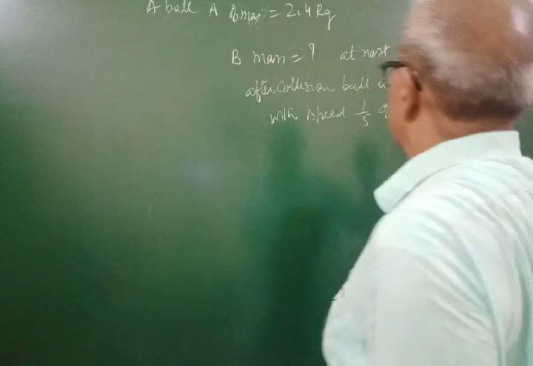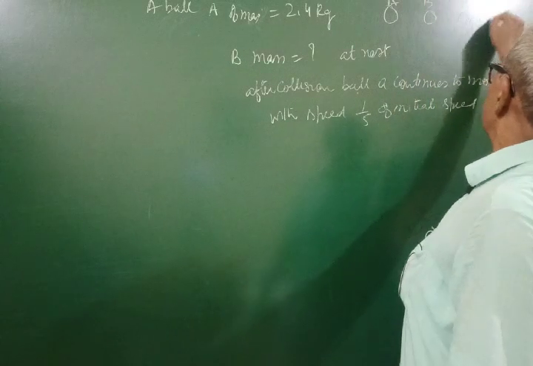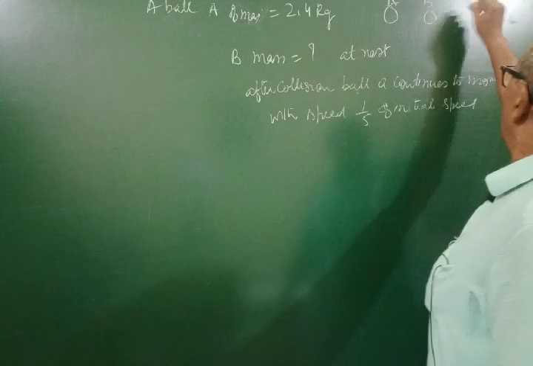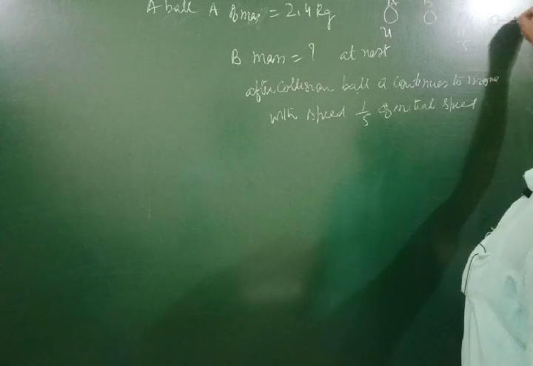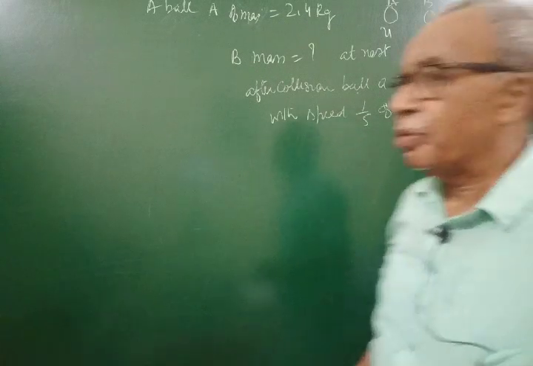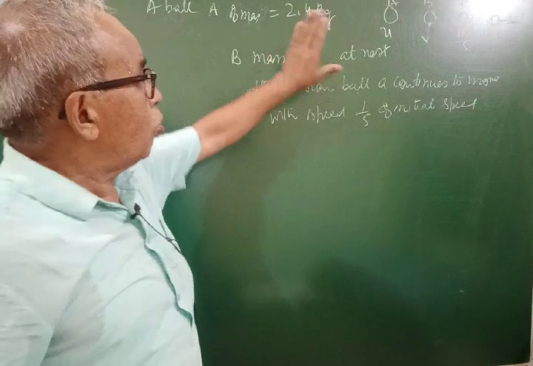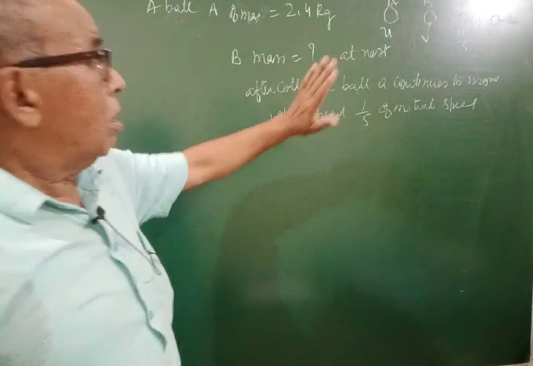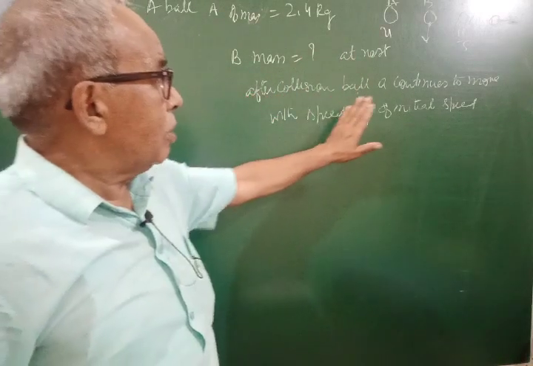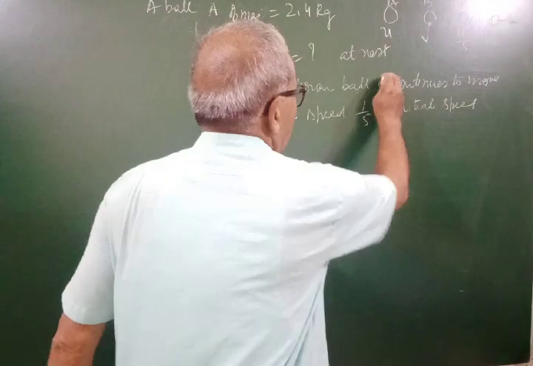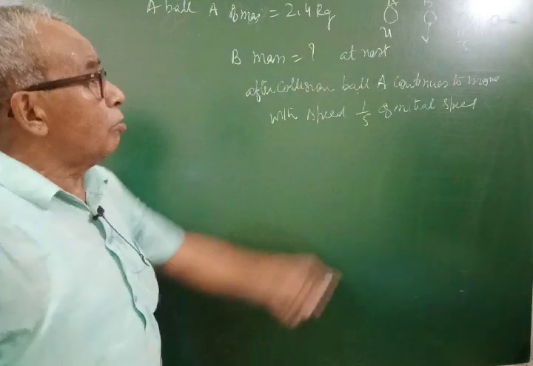Ball A collides with B, so both move. Ball B moves forward, and ball A moves forward with u/5 if the initial velocity was u. The speed of B is not given. Find the mass of ball B. I think you have got the question: a ball A of mass 2.4 kg moving in one direction collides with another ball of unknown mass at rest. After collision, A continues to move with 1/5 of the initial speed, and ball B starts moving forward.